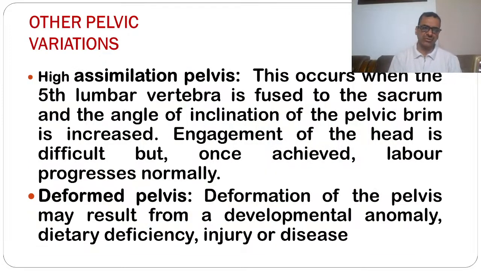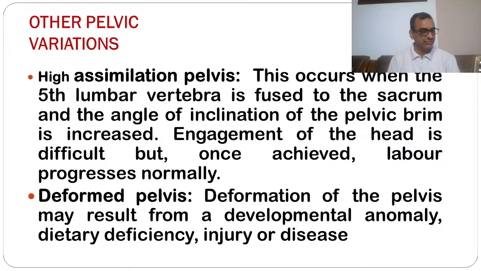Other pelvic variations: sometimes due to congenital malformation, some other types of pelvises we may find. One is the high assimilation pelvis. This occurs when the fifth lumbar vertebra is fused with the sacrum and the angle of inclination of the pelvic brim is increased.